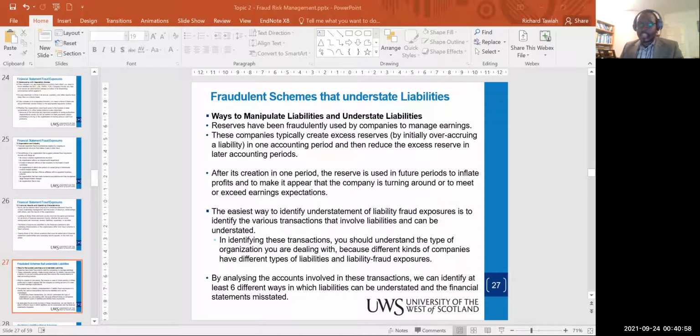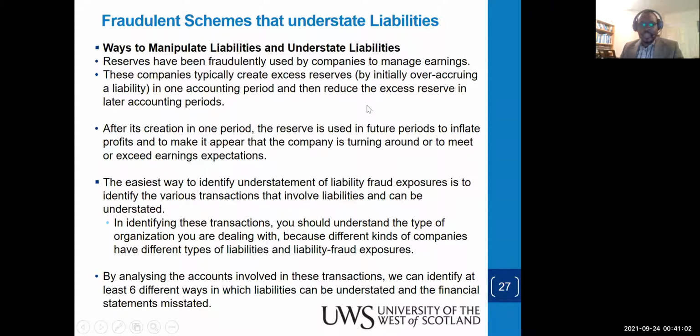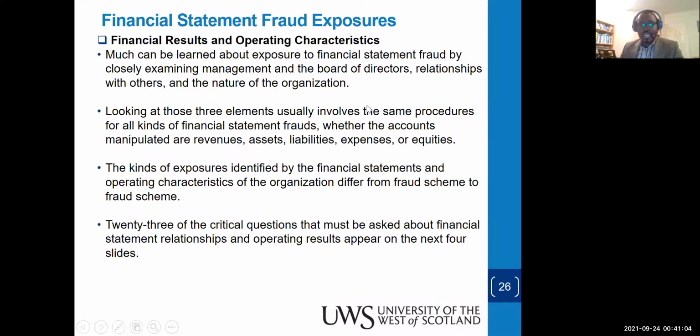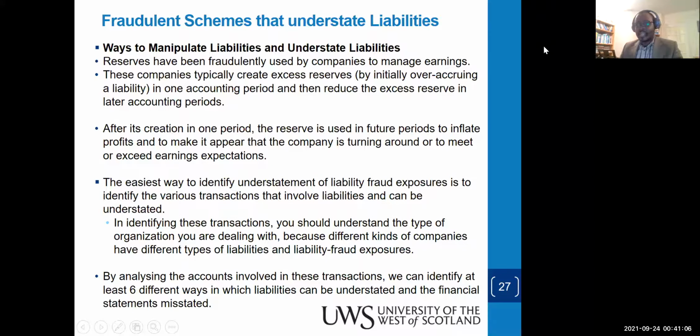What we should know is that it is mostly difficult to identify fraud risks enshrined within liabilities. They are the most difficult areas, where you could hardly detect these elements. So let's look at some of these fraudulent schemes that understate liability.